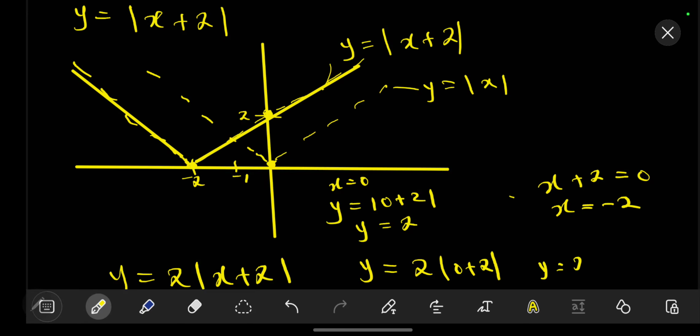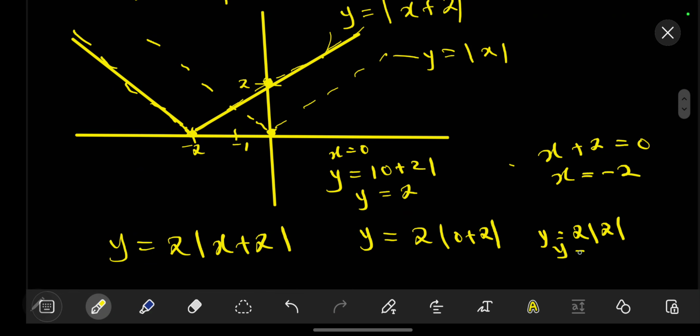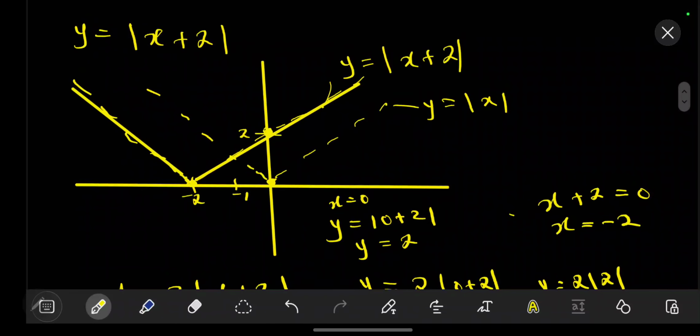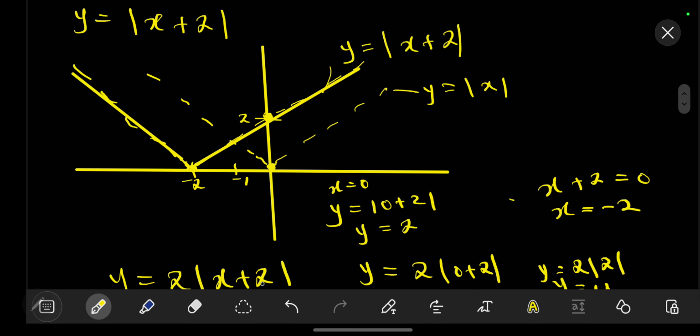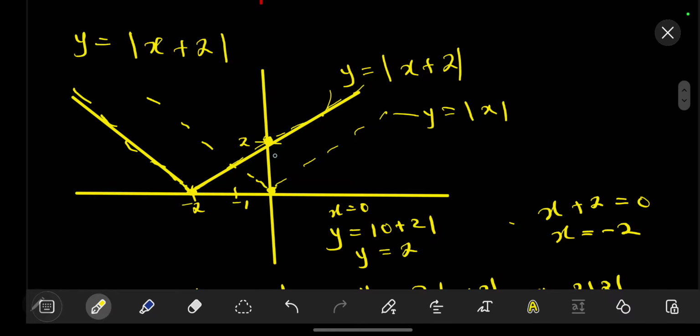So y should be equal to 2 times the absolute value of 2. So this is the same as 2 times 2, which is equal to 4. So you will realize to say your graph is still the same shift. You can see that it's still x plus 2, meaning to say the origin is still at negative 2. So now for this one, the y-intercept is at 4, but the origin is the same.